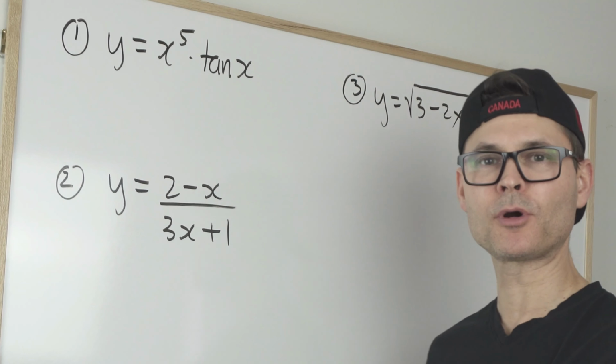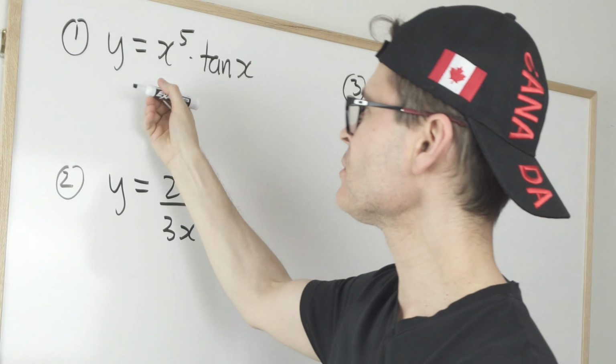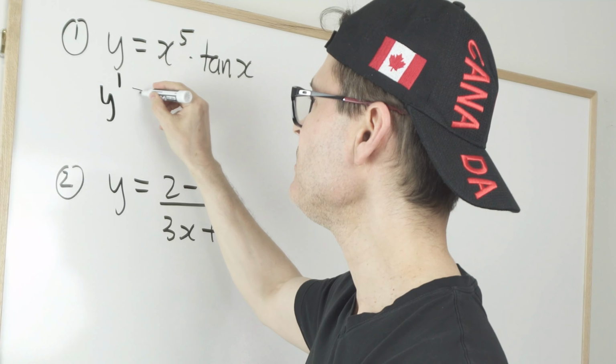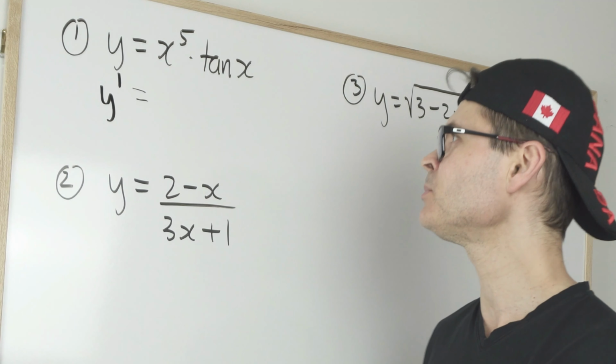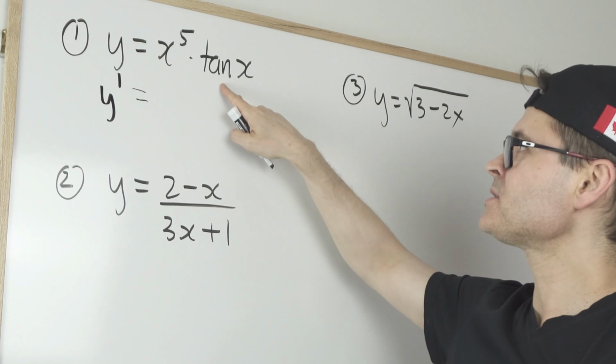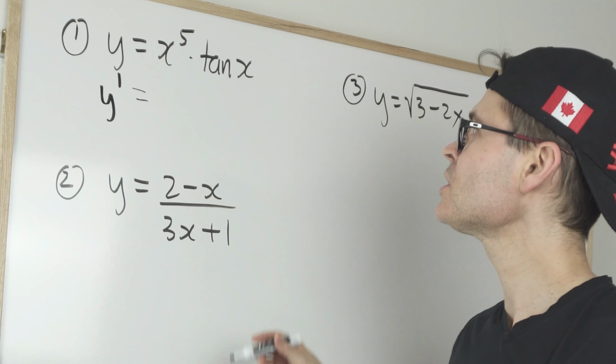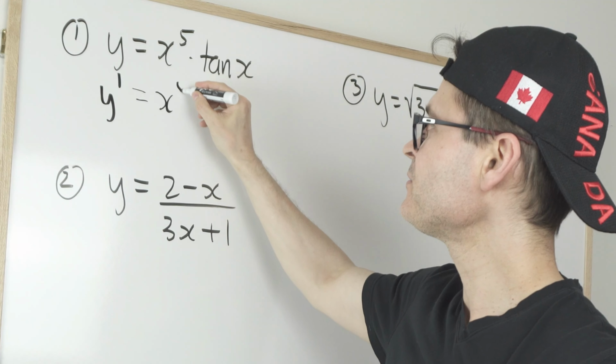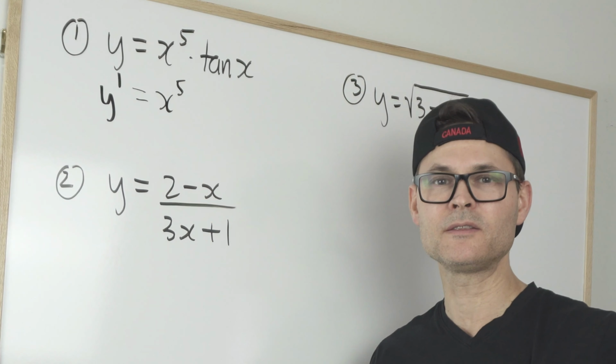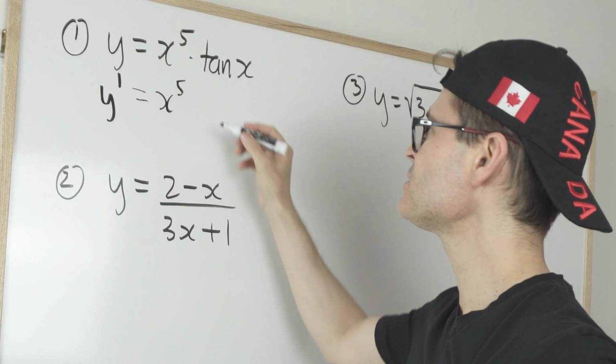The first one uses the product rule. We're multiplying, so the derivative, I'll use y prime as well as dy/dx interchangeably. You'll see that. First times the derivative of the second plus the second times the derivative of the first. So first is x to the 5 times the derivative of the second. The derivative of tan is secant squared.